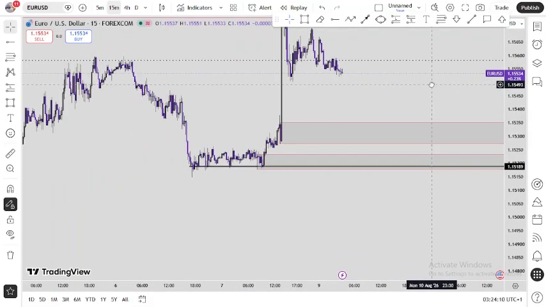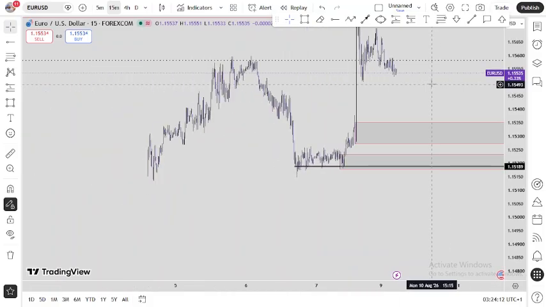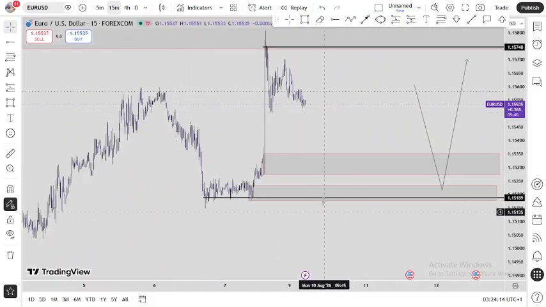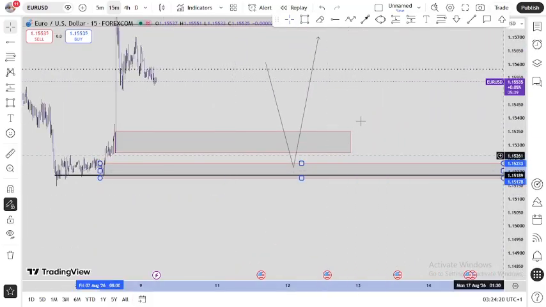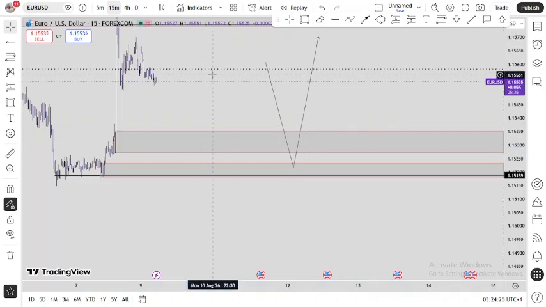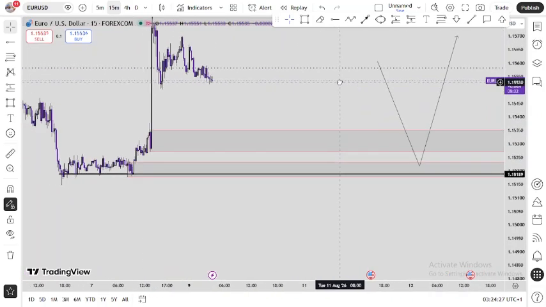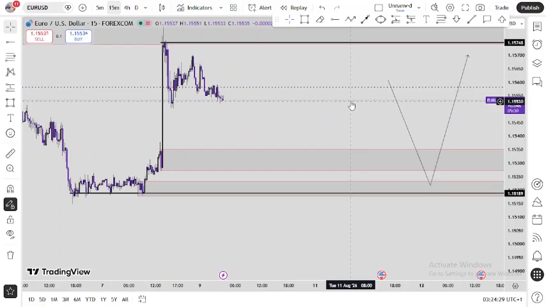But for now, I'm not looking for sells until this major high low here gets broken. I am still looking for buys on Euro USD. So that's my take on Euro USD.